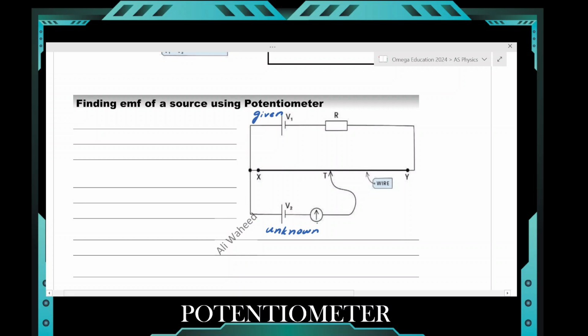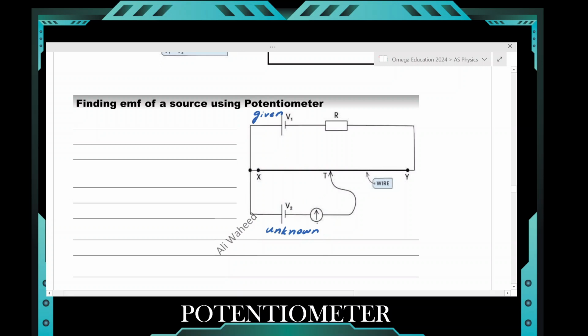Now the key idea is, obviously I'll show you the slide where I've written all the steps, but just try to understand the key idea behind it. If somehow we are able to keep the potentiometer in a balanced state, which means no current should be flowing through this galvanometer, then that would mean the voltage over here equals the EMF of the battery.